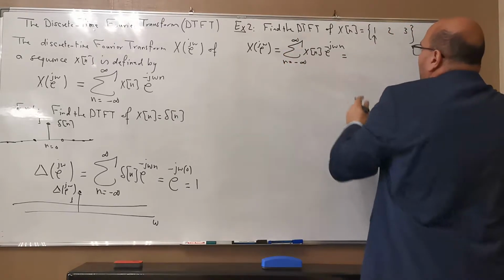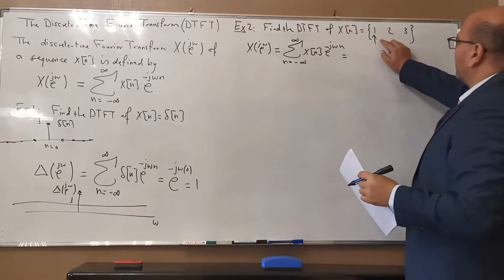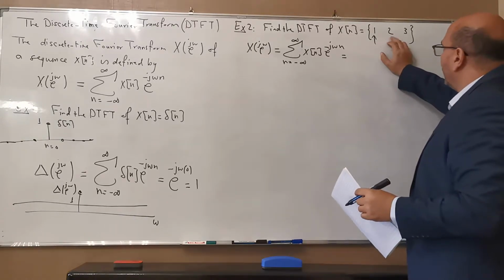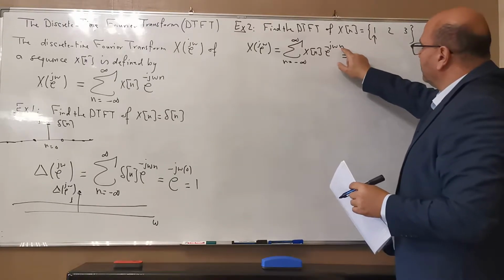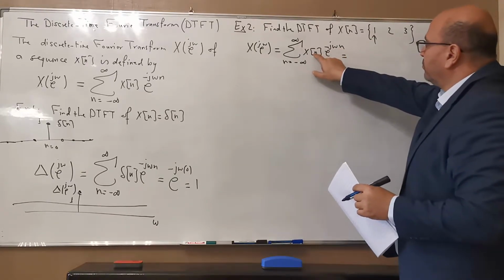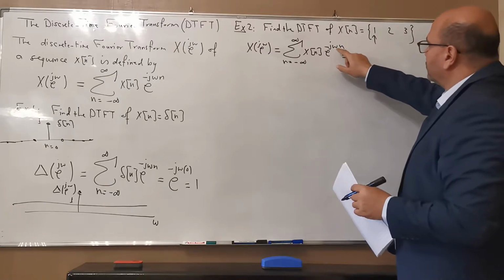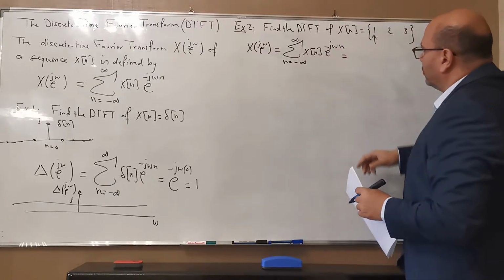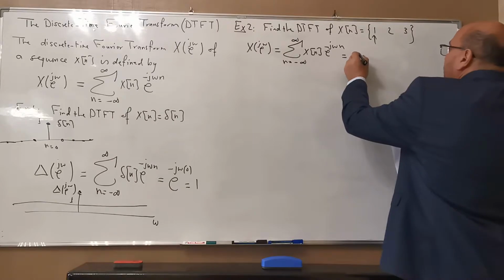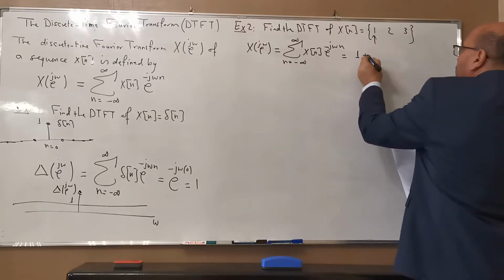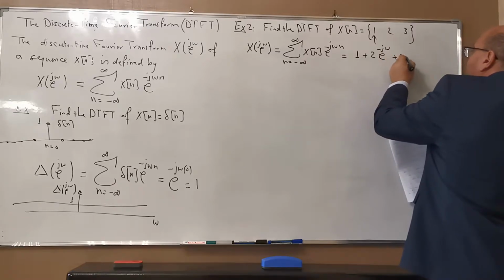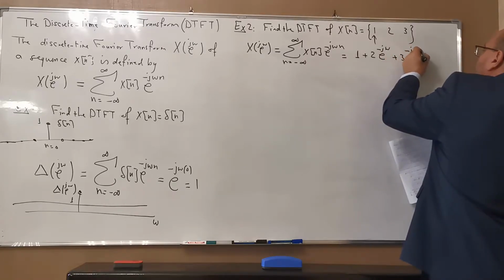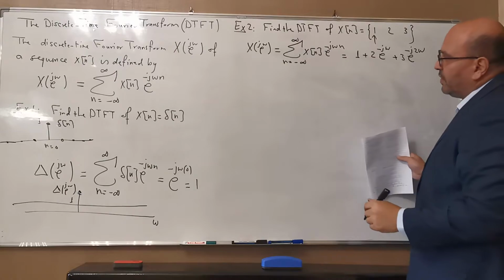At the time being, the only non-zero n values are 0, 1, and 2. So you will plug in here x of 0, e to the 0, x of 1, e to the minus j omega, x of 2, e to the minus j 2 omega. So this will be 1 plus 2 e to the minus j omega plus 3 e to the minus j 2 omega. So this is our function.